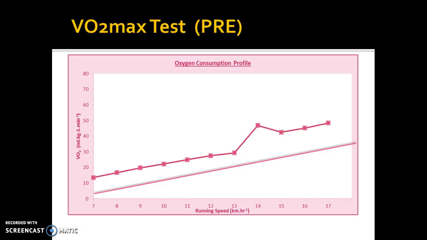The second line shows, in comparison to the top line, lower VO2 values when running at the same speed, and this would be shown in a person who'd been training for a 6 to 8 week period of time to achieve adaptations to their body and their body systems, particularly their lungs.